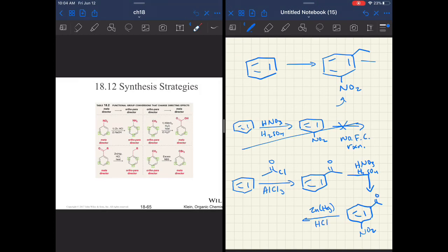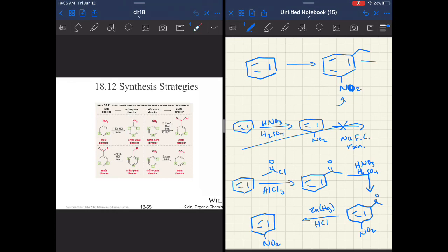Now what I would probably do in this particular problem is ask you for the amino group, because the Clemmensen reduction will likely also reduce the nitro to an amine. But for now, let's ignore that.